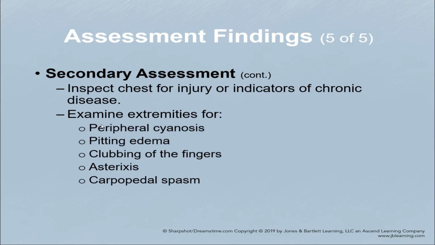The patient's extremities can be assessed for peripheral cyanosis, looking for pitting edema, clubbing of the fingers, asterixis, and carpopedal spasms. Now, peripheral cyanosis is caused when a large amount of the hemoglobin in the blood is not carrying oxygen. We all understand what cyanosis is, right?